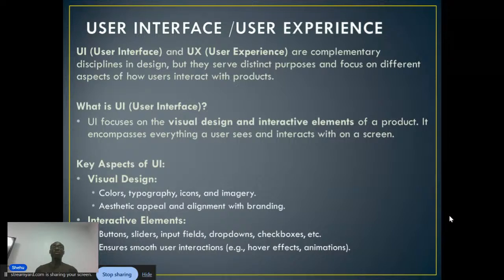You interact with the button by clicking on it, and the sliders, you drag left, right, up, down, and then the input fields where you type your name or any other information, and then the drop-down, checkbox and all that. So they're all part of the user interface. And then next, ensure smooth user interactions like hover effects and animation. All these are part of user interface.